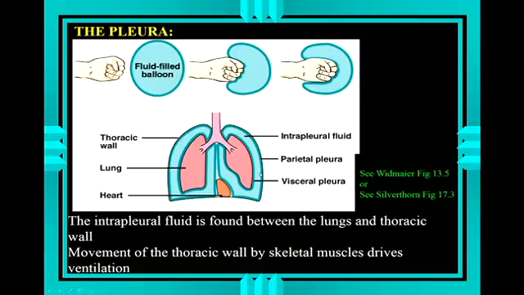Now notice they're fluid-filled balloons. Well, in fact, they're not balloons at all. They're fluid-filled serous membranes, and that's no accident. Firstly, before I go into that, this is a really exaggerated picture. By looking at this diagram, which is Widmaier and Silverthorne's, you kind of think, wow, the pleura must be almost as thick as your lung. It must be centimetres thick.